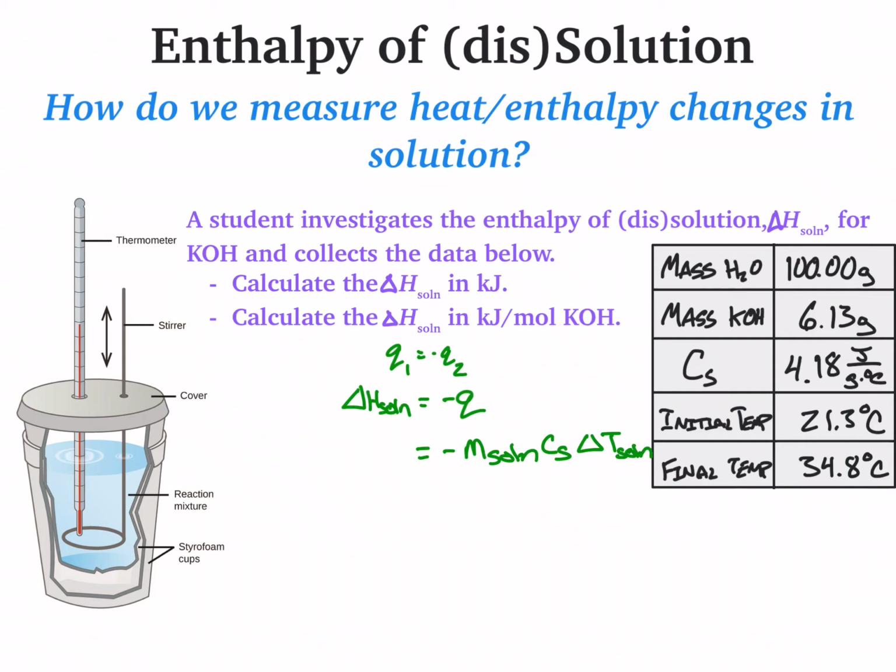As a quick note, oftentimes, if water is the solvent, which it almost always is, then we just use the specific heat of water, okay? Yes, the solid that dissolves in here does have a little bit of an influence on this, but we always ignore it. So instead, we're just going to use this. When we go to type this into our calculator and write this out, I want you to see something here that might look a little bit strange.